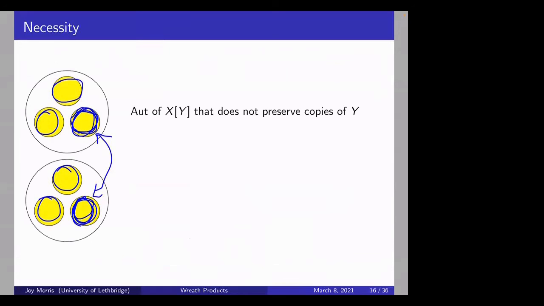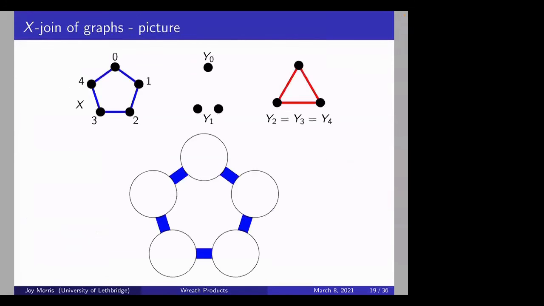What goes wrong is we get every possible way of exchanging these two copies of Y. It's these two components of Y. And that's really all that you get. Those are the only extra things you get. So really, what you get is the least you might expect.